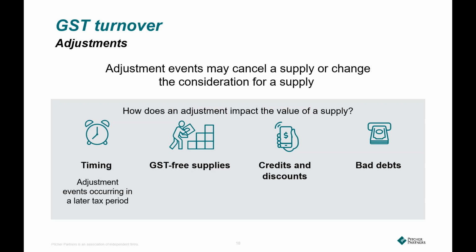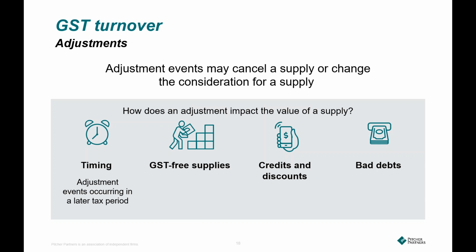So period 1, you've issued an invoice for the full amount, 110 including GST, and then in period 3, you issue a credit note for $44 including GST, possibly based on a discussion with the customer that that's all they can afford to pay and you'd rather have the balance as cash in your pocket.